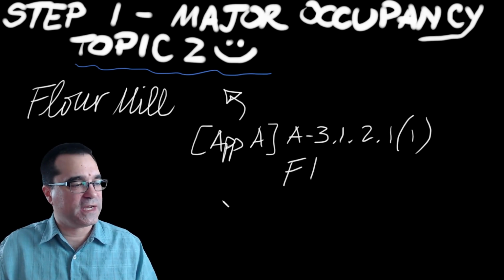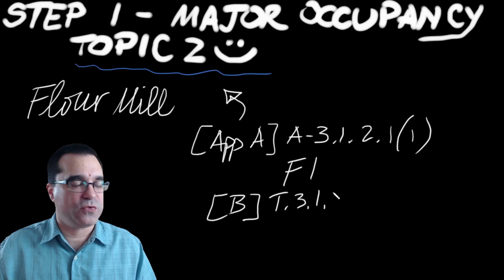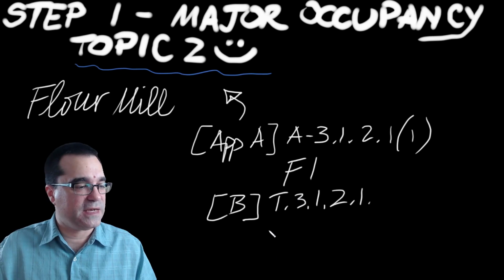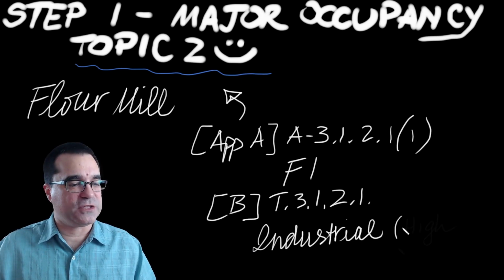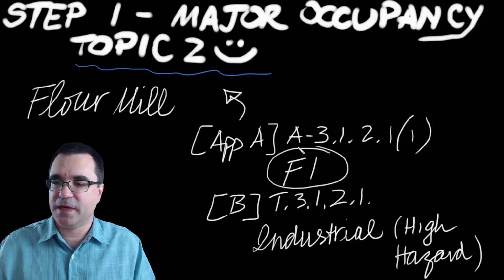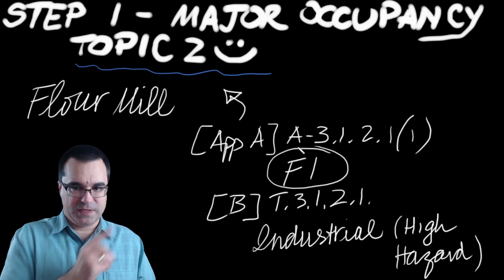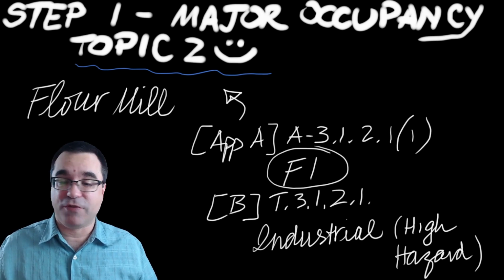And then if we go check out under table in division B, 3.1.2.1, what we find from that table is that is an industrial occupancy with high hazard like this. Okay, but what we get from here is this is an F1 major occupancy, which is the important thing that we want to get out of this. Okay, all right, so that's step 1, find the major occupancy.